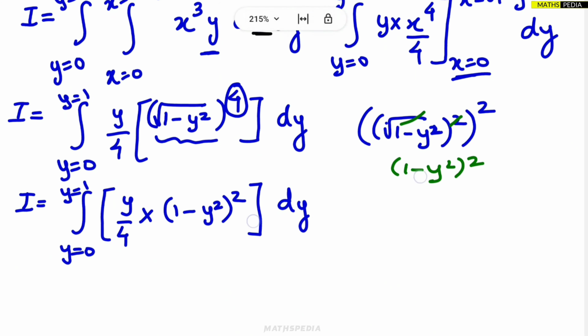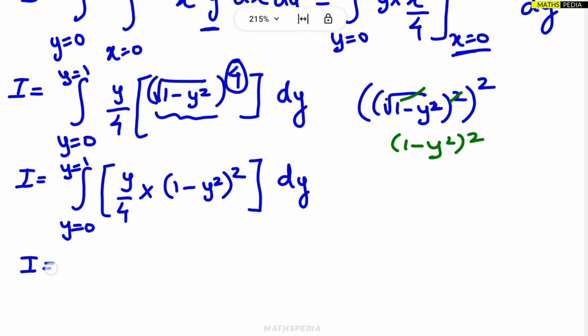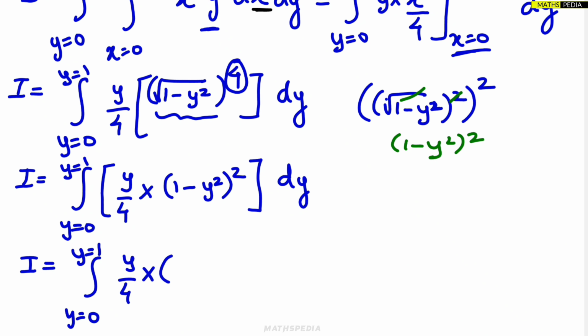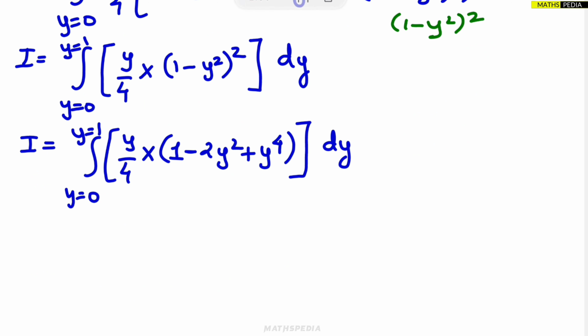So this can be further simplified. I is equal to the integral from y is equal to 0 to y is equal to 1, then y by 4 into a minus b, the whole square, which is a square, that is 1 square, 1, minus 2ab, so 2y square, plus b square, which is y power 4, and this entire thing dy. Now y can be multiplied inside.